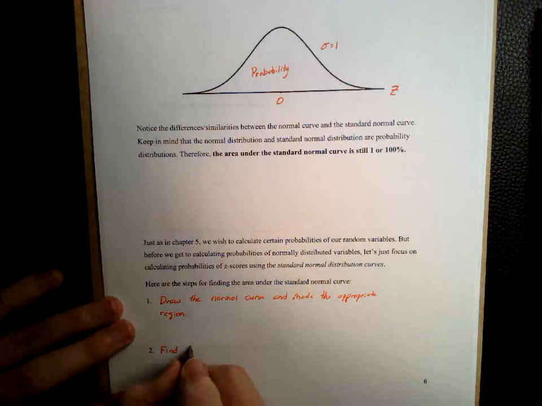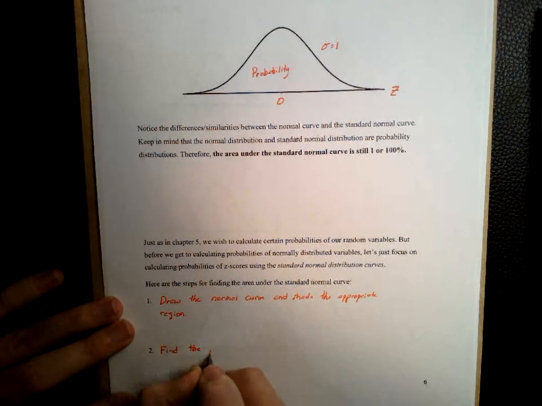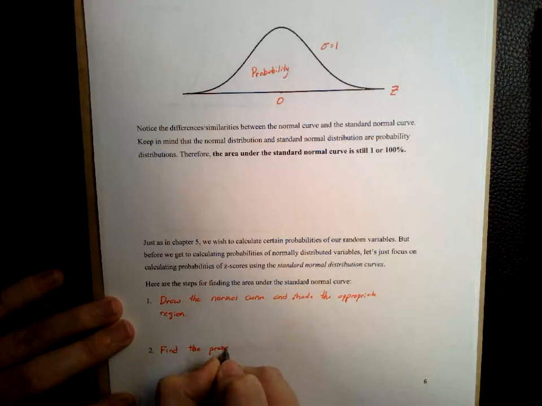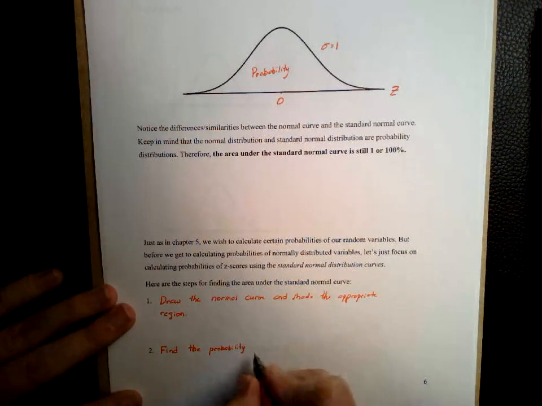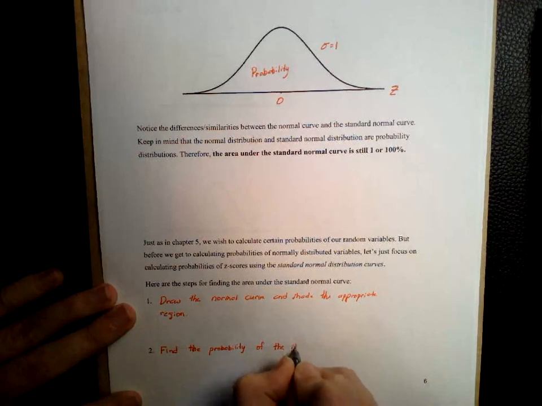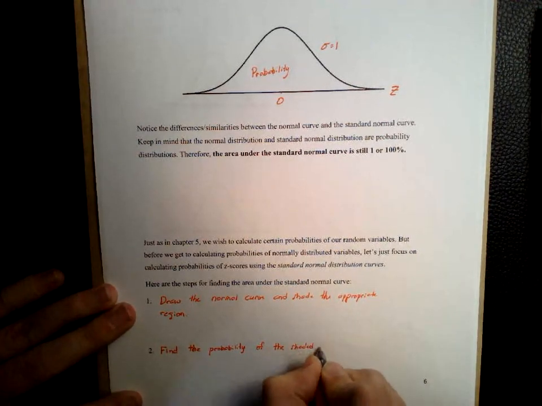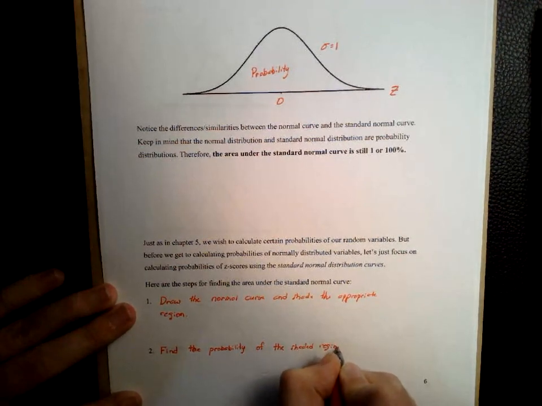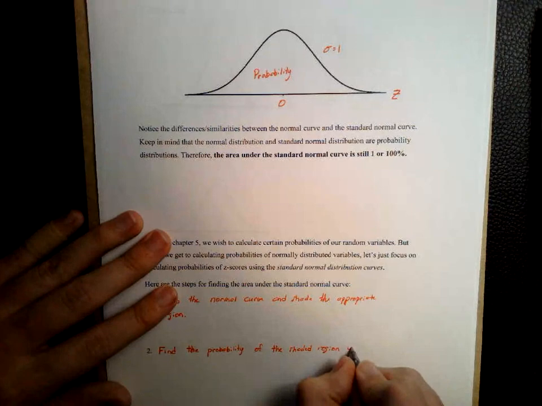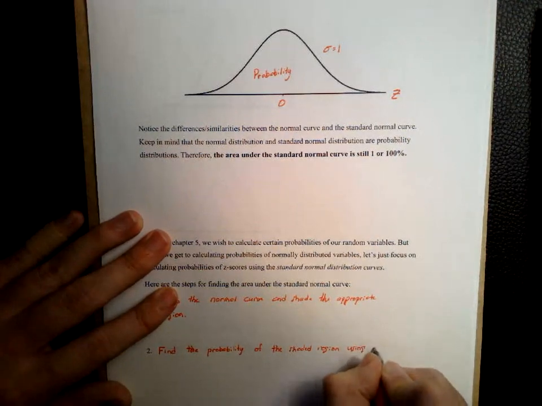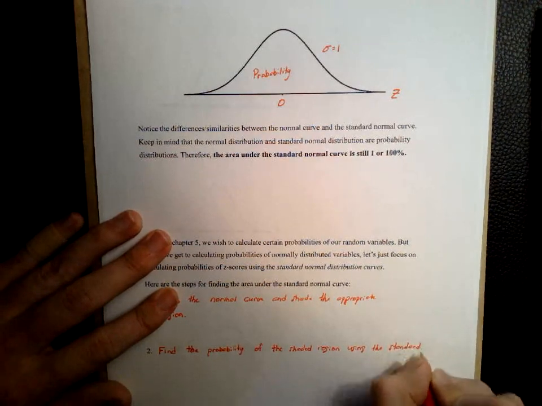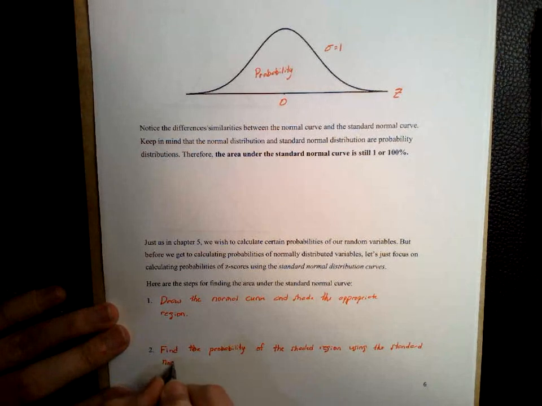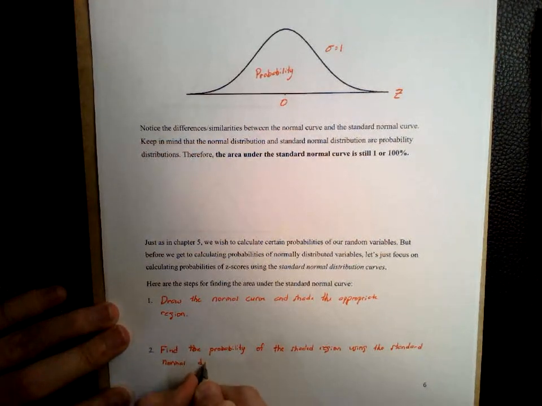Find the probability of the shaded region using the standard normal distribution table.